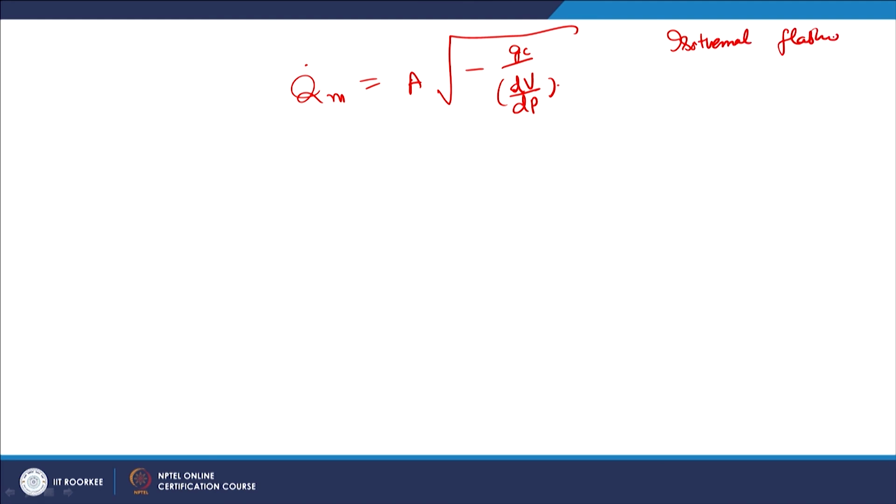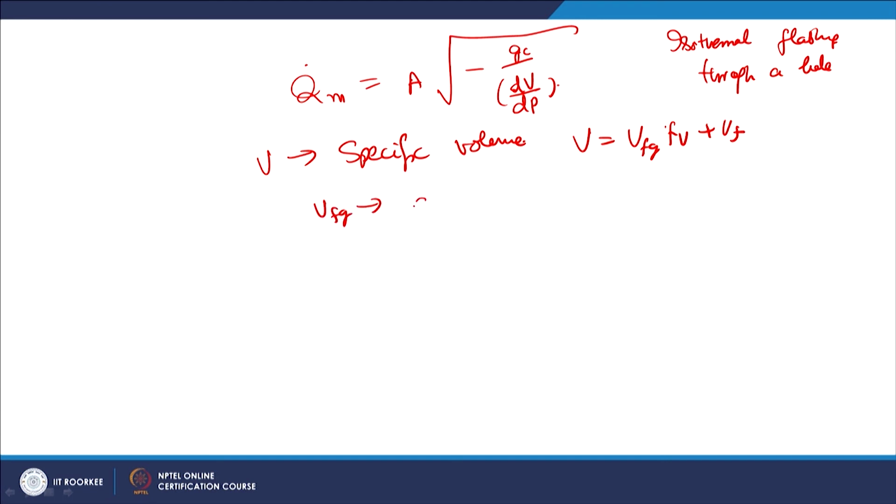Now, let us consider the isothermal flashing through a hole. Now, if we assume the choked flow of a two-phase fluid, then Qm is equal to A upon square root of minus Gc dV over dP. This is the isothermal flashing through a hole. Now, here V is the specific volume, V is equal to VFG FV plus VF.